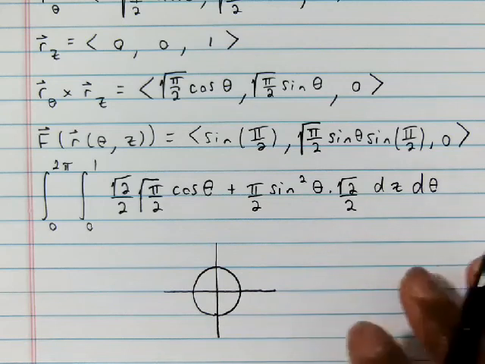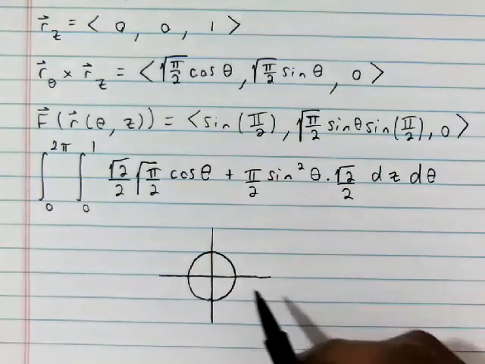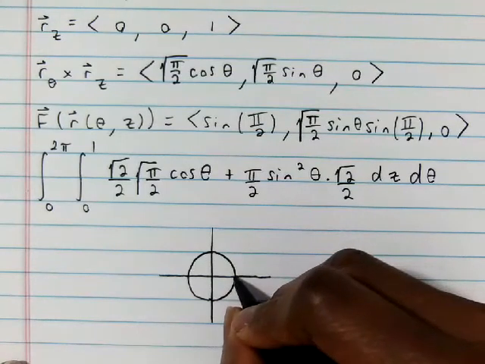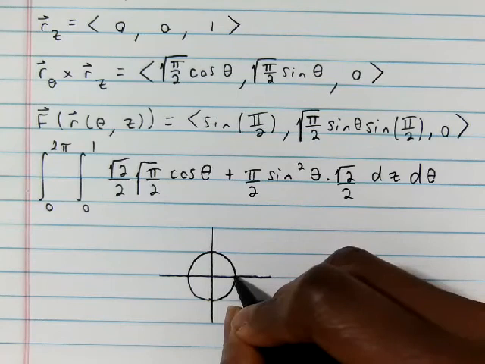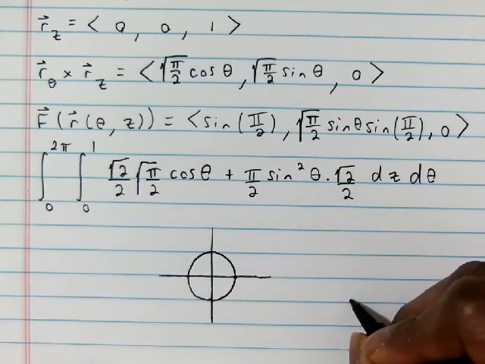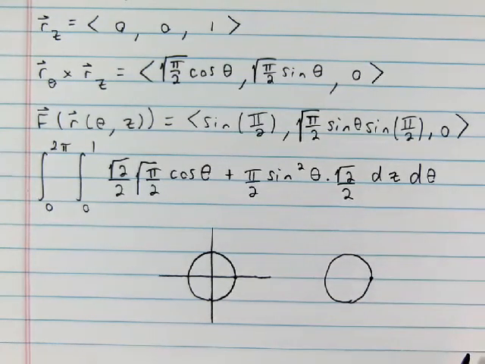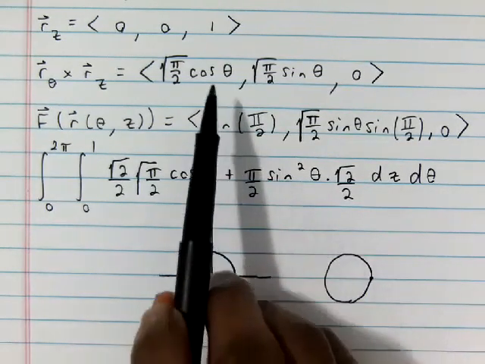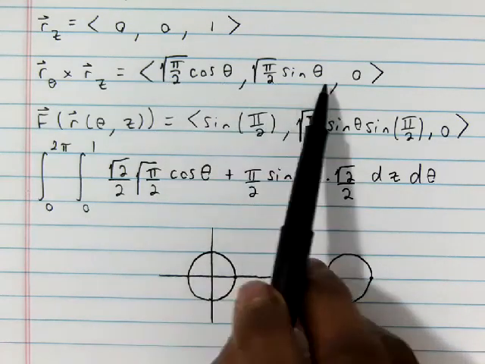So here, to make my life easy, I'm just going to pick theta equals 0 and see what happens. If I plug in theta equals 0, that's where I would be if I were to look at the cylinder from above, right there. I actually should have drawn this with no coordinate axes so we can see things better. So theta equals 0, I'm choosing that point right there. When I plug theta equals 0 in here, I get square root of pi over 2, and then 0, 0.